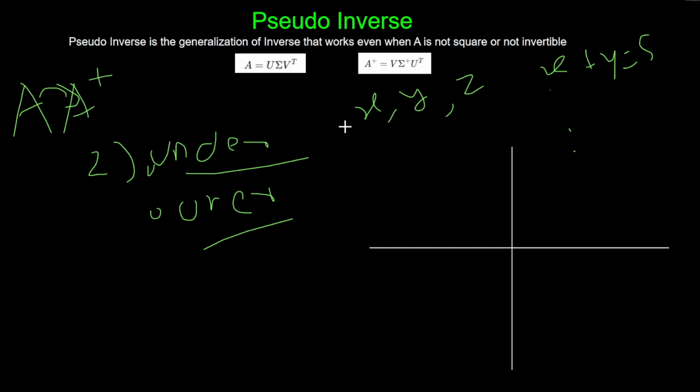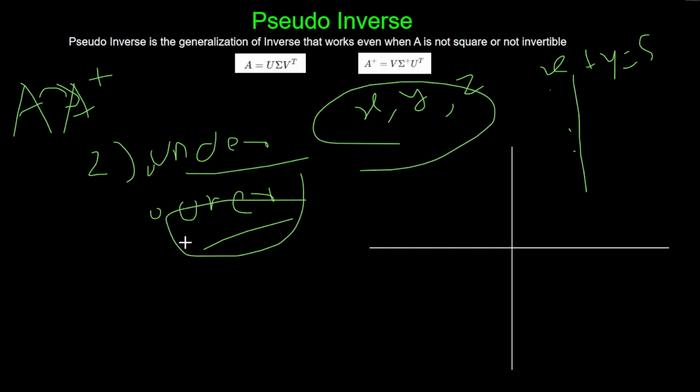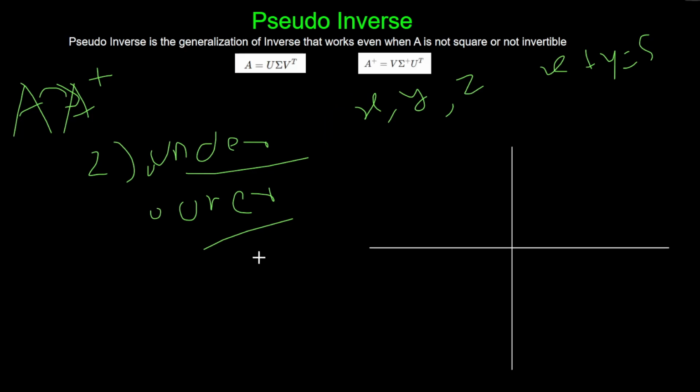We have more variables than equations, and overdetermined is the opposite. We have more equations than variables. This is common in machine learning, and it is also used to find best fit solutions where an exact solution does not even exist. So we can find the best fit solution in case of those equations.